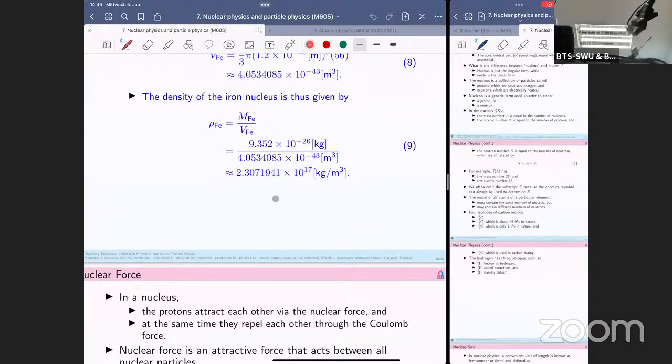So we get 2.3071941 times 10 to 17 kilogram per cubic meter. We get something like this.